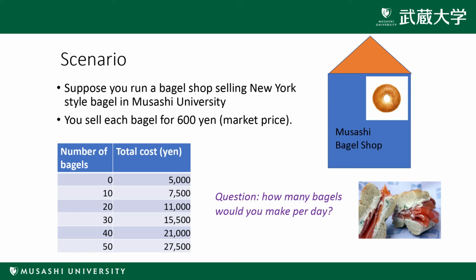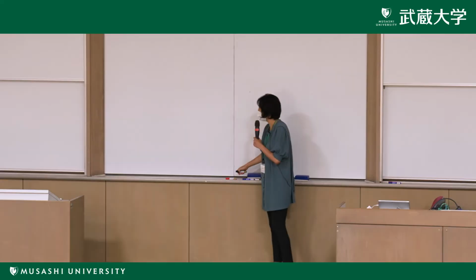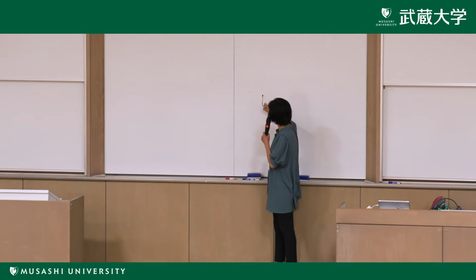If you've ever been to New York, you probably should try one of the bagel shops there. And I used to live in New Jersey, which is just very close to New York City. And one of the favorite foods on Sunday morning for Americans is what's called bagel and lox. And lox, I guess not many of you have heard that word before, L-O-X.